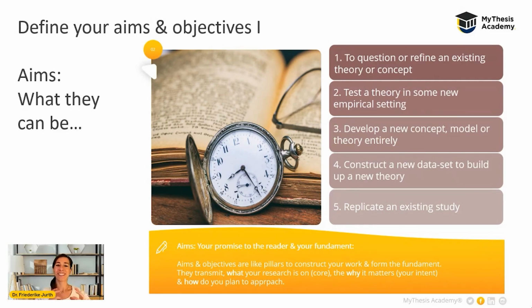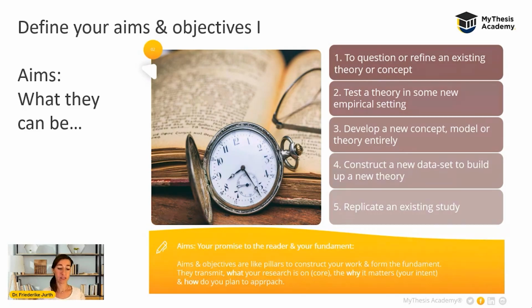To put it in a nutshell, you can keep in mind that the aims are your promise to the reader, and so also your fundament. Aims and objectives are like pillars to construct your thesis.